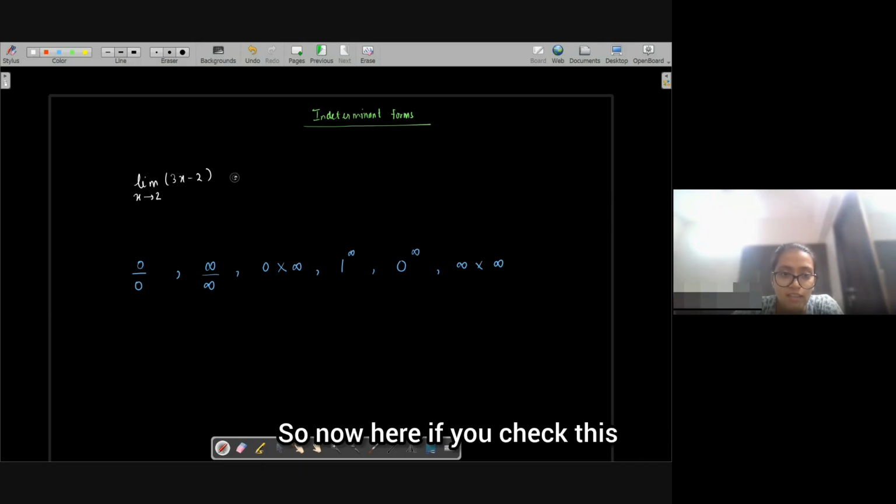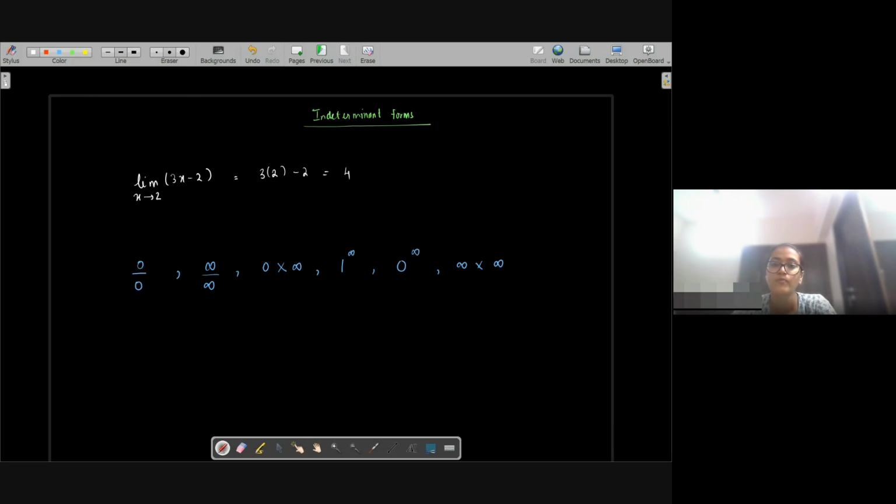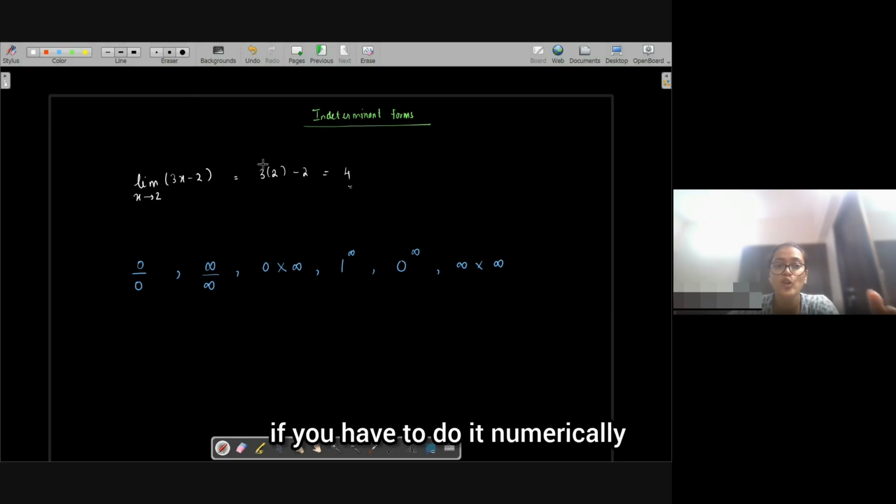So now here, if you check this, just put x equals 2: 3 times 2 minus 2, 6 minus 2 is 4, right? So 4 is just a normal number. So the answer will be 4. And if you have to do it numerically, you will just take some points.